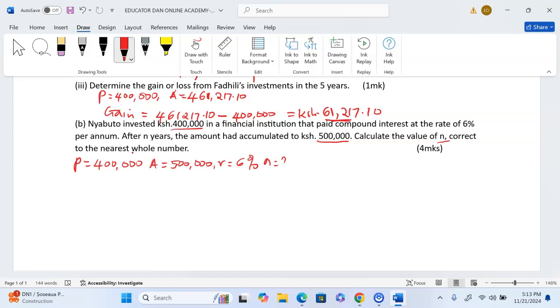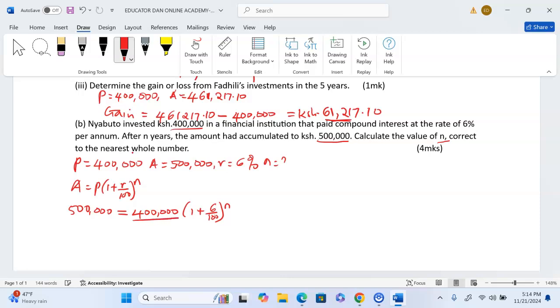Very simple. We proceed. We know amount is given by principal into 1 plus rate over 100, raised to n. The amount is 500,000, which is equivalent to the principal of 400,000 into 1 plus the rate, 6%, then everything raised to n.